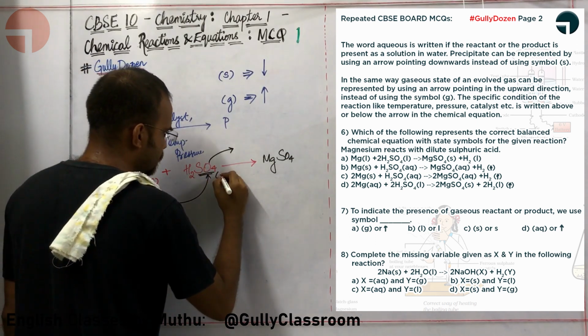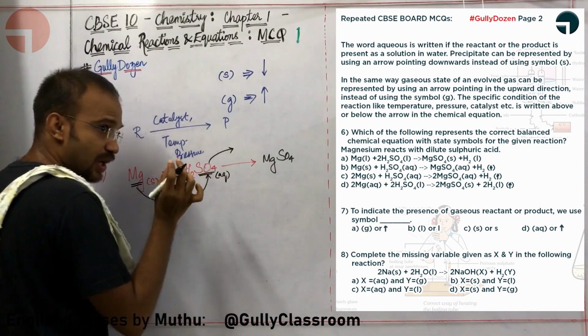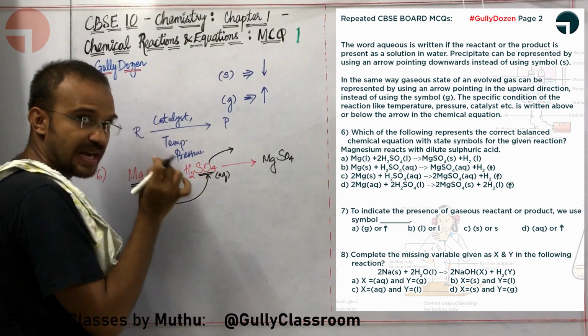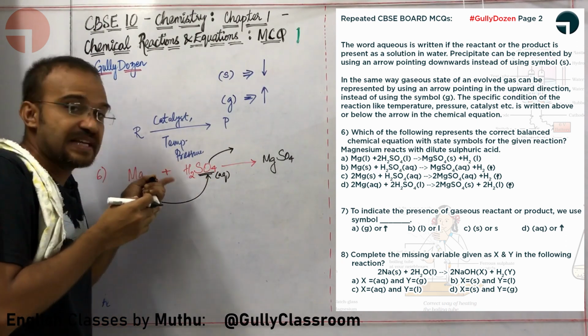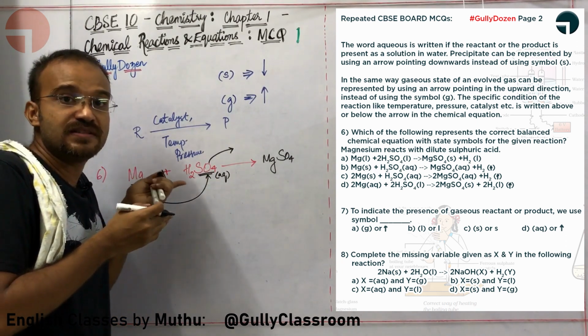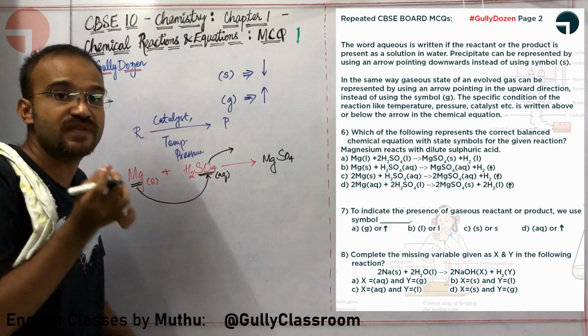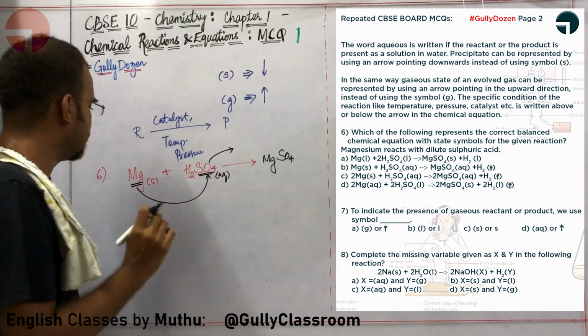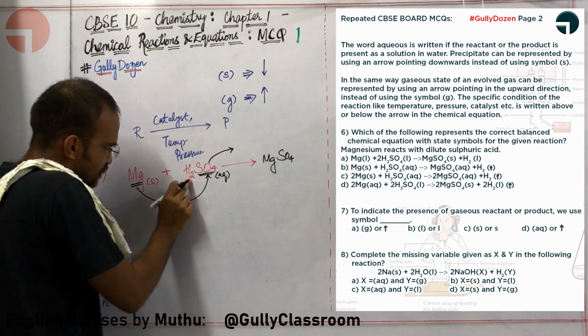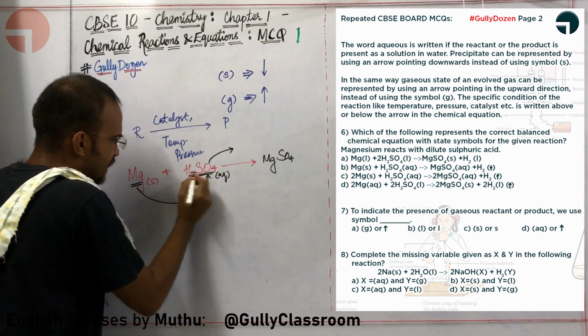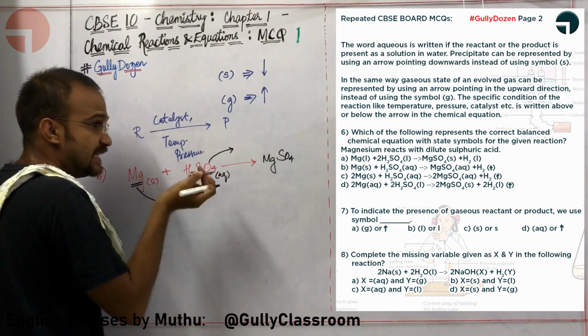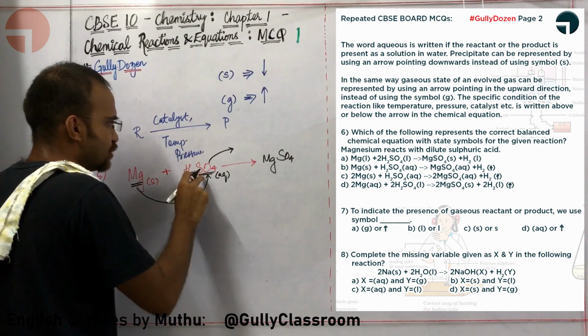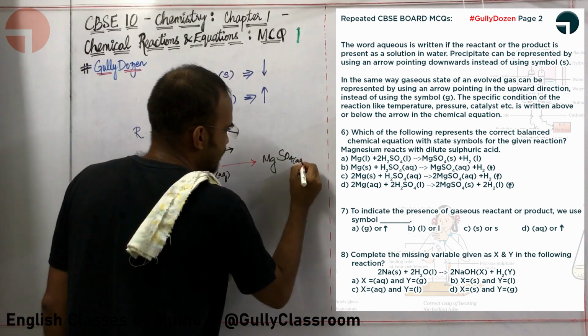H2SO4 will obviously be in an aqueous state because H2SO4 is an acid. H2SO4 is considered as an acid because it is able to furnish H plus ions when dissolved in water. Mg, because it is more reactive than hydrogen, displaces hydrogen, takes SO4, forms MgSO4, which is in aqueous state.